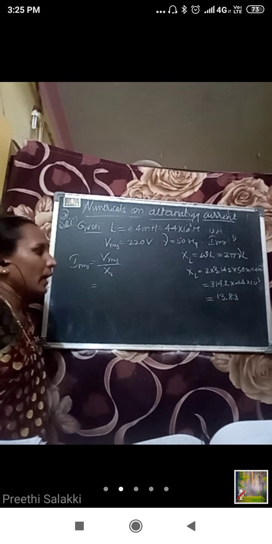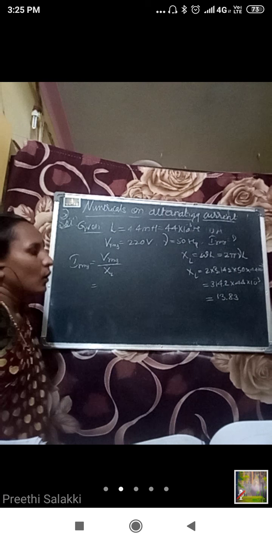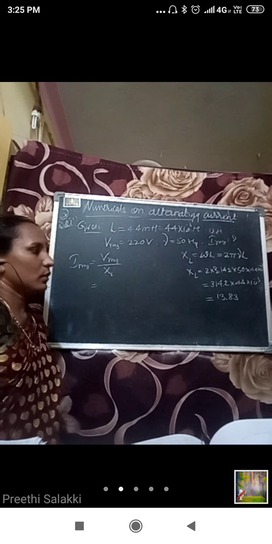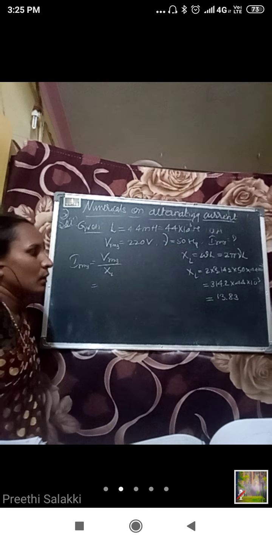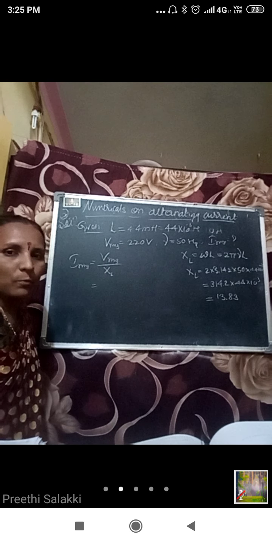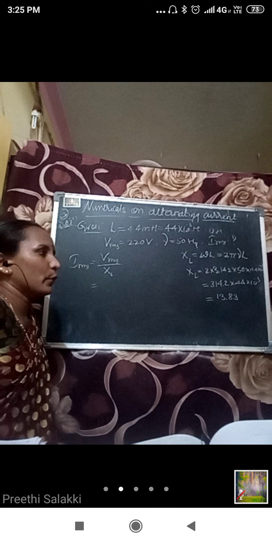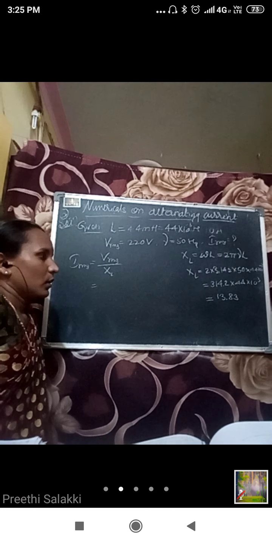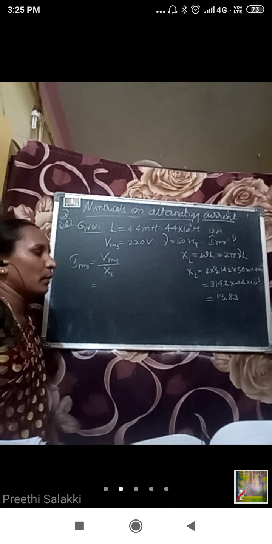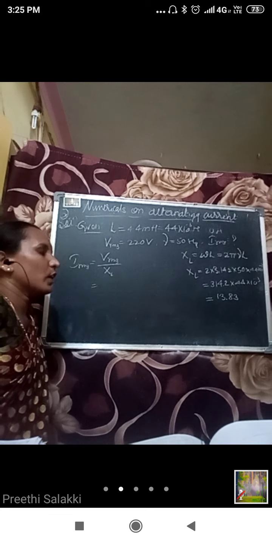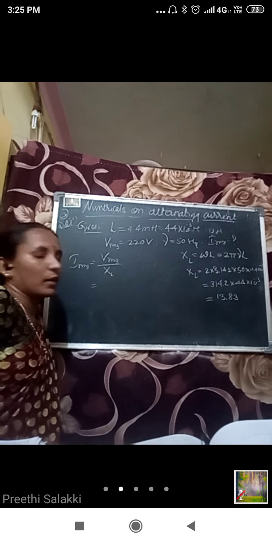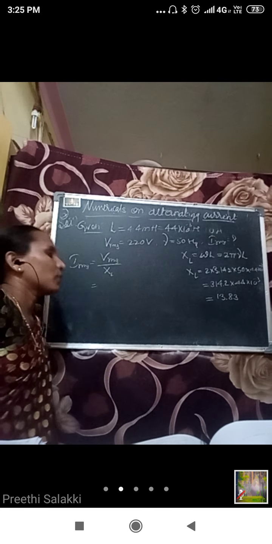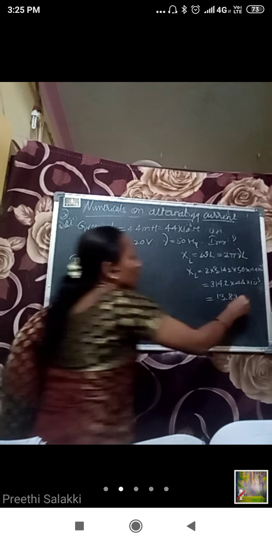You are going to get 13,830 when you multiply 314.2 into 44. Then taking this 10 to the power minus 3, shifting 3 digits, it becomes 13.83. One more digit may come after the 3. This is in terms of ohm.